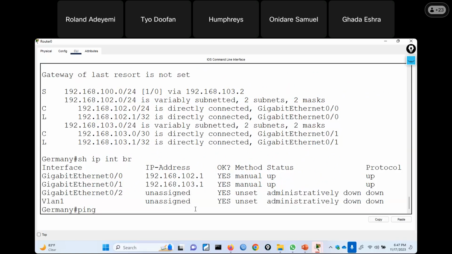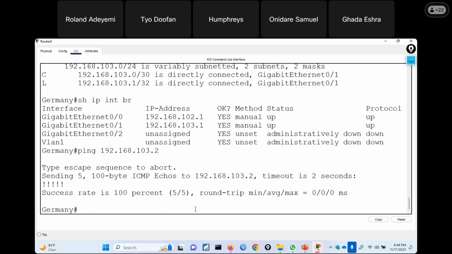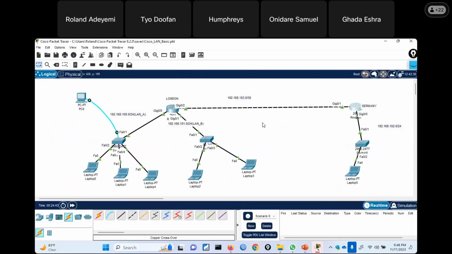Ping 192.168.103.2. That's the other guy on the other side. It's reachable. So where is the problem? Where is the problem? Troubleshooting time.